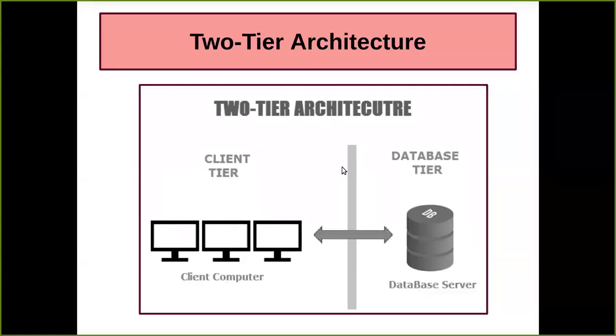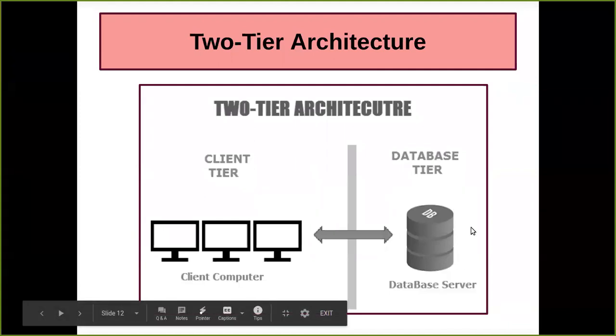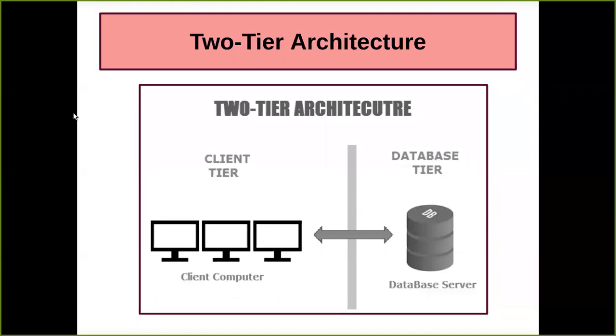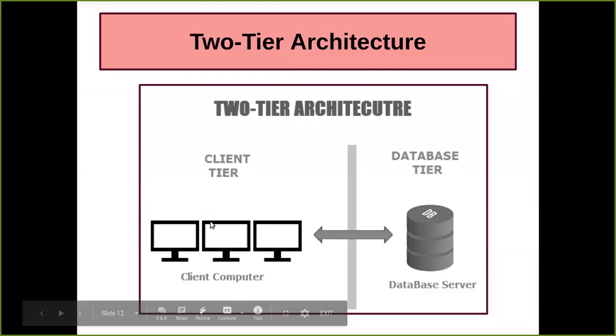Now, in two-tier architecture, what is going to happen is your last layer, the data layer, which is dealing with the database, is going to work for your database tier. Okay, the database server. When we talk about the remaining two layers, the application and the presentation layer, they are integrated into your client machine.